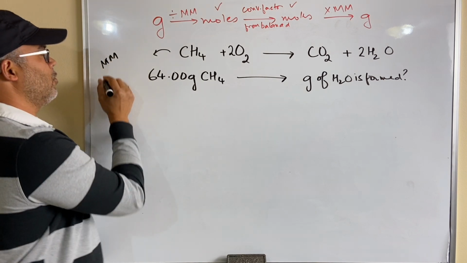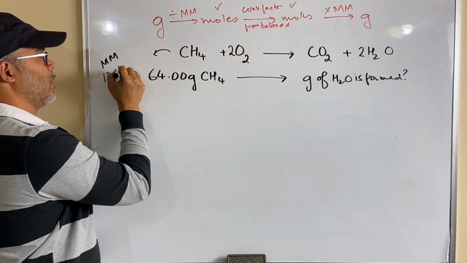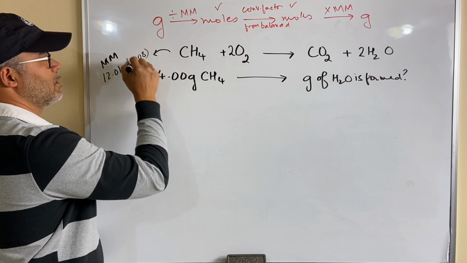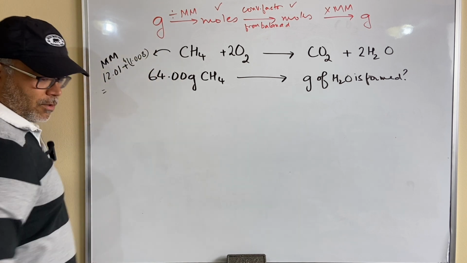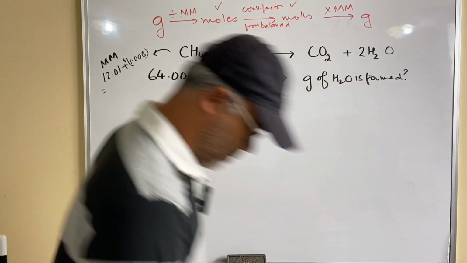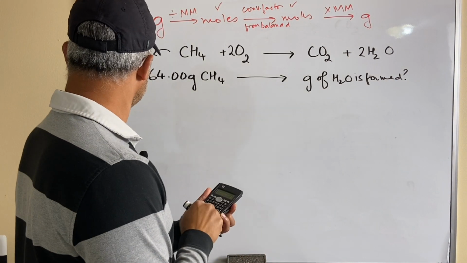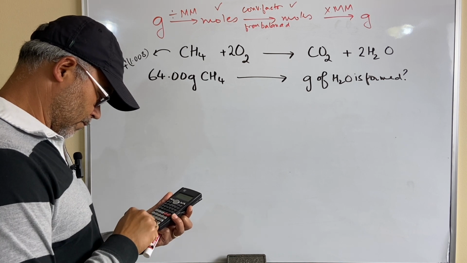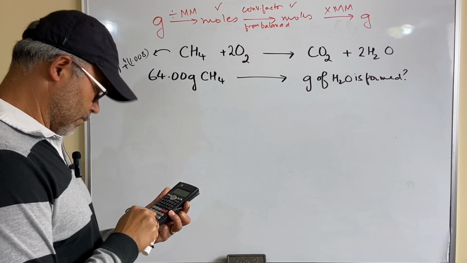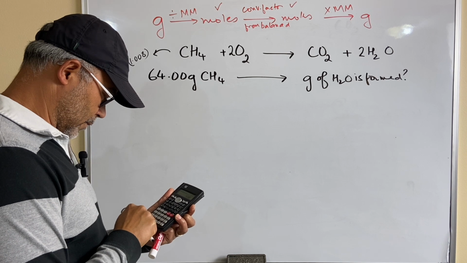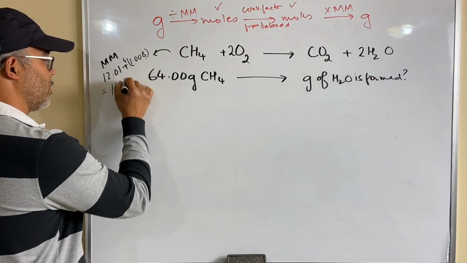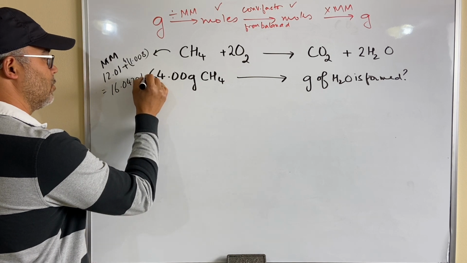Molar mass of CH4: carbon is 12.01, each hydrogen is 1.008 times 4. Let's do that real quick on my calculator. So that's 16.042 grams per mole.